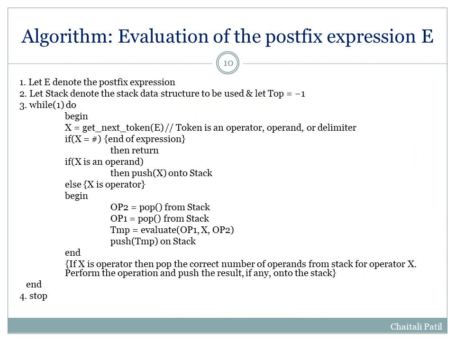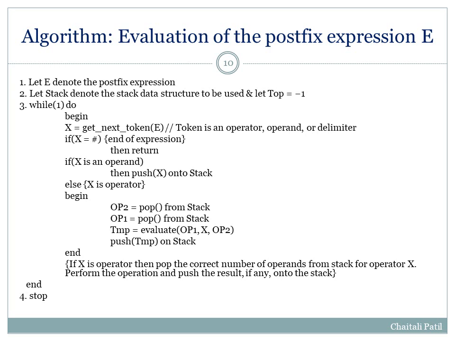So we have seen how to evaluate the postfix expression. This is the algorithm to evaluate the postfix expression E. This is the same algorithm which I just explained while solving the previous example. Let E denote the postfix expression. Let stack denote the stack data structure to be used and let top is equal to -1.